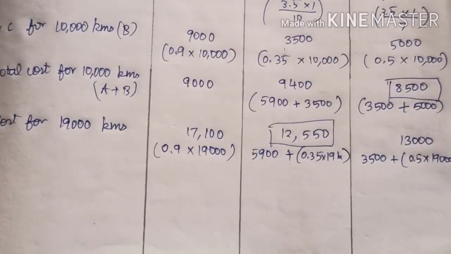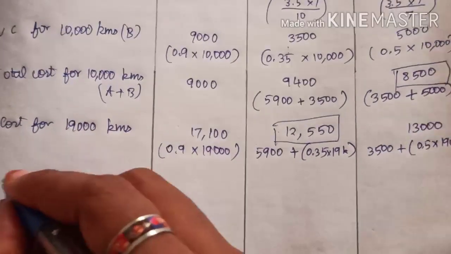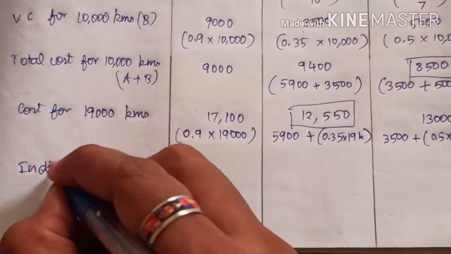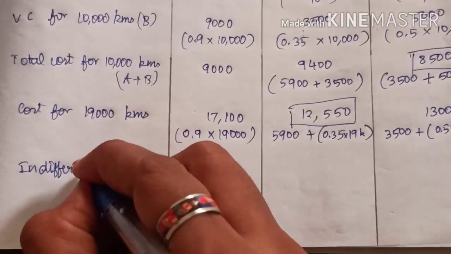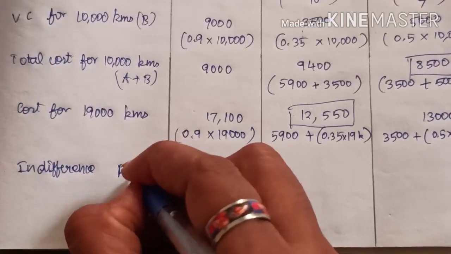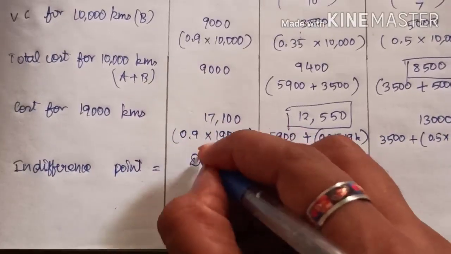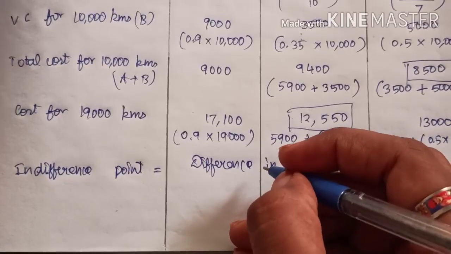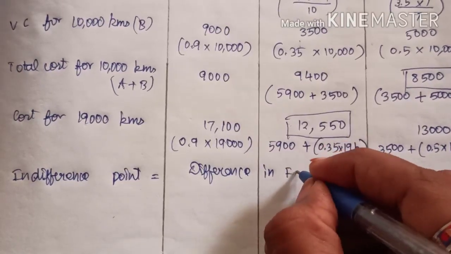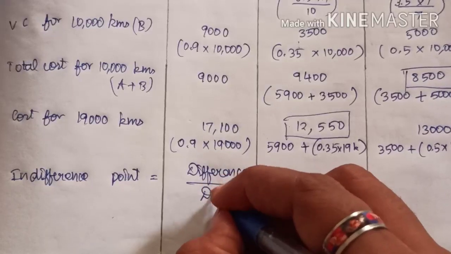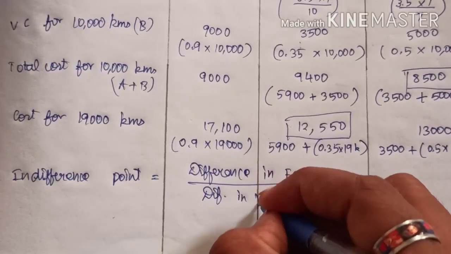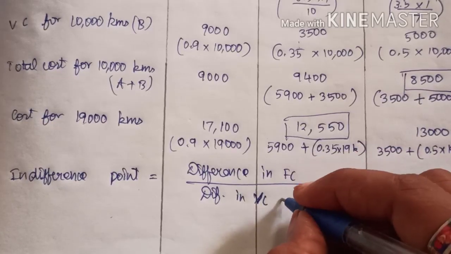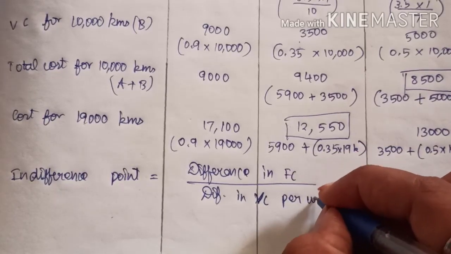And then we have to find the indifference point. Indifference point is equal to difference in fixed cost divided by difference in variable cost per unit.